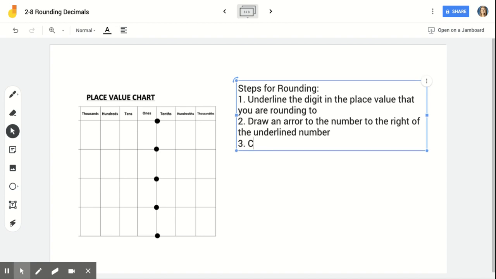And then I'd like you to continue to circle. So circle that number. That's the next step, step number 3. Step number 4, ask yourself, is the number 4 or less or 5 or more?